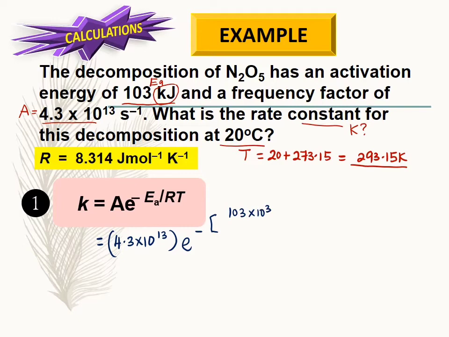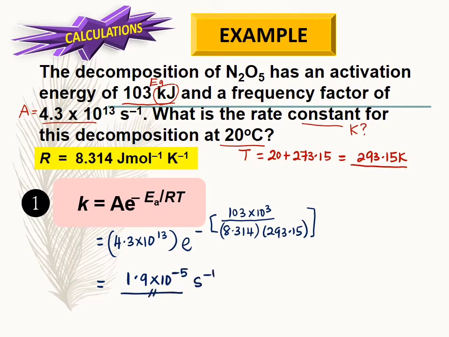So 103 times 10 power of 3. Nampak? Divide by 8.314 times temperature 293.15 Kelvin. Okay. So press your calculator, you directly get the value of K 1.9 times 10 power of negative 5.